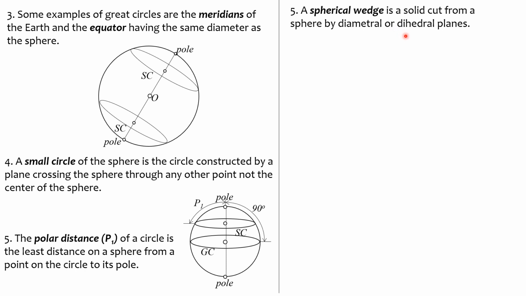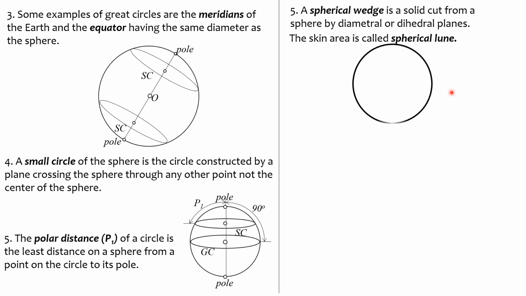So I use a watermelon slice here, a perfect slice, which passes through the axis, and we form two dihedral planes, and the skin area is called the spherical lune. So it is the surface area lune.